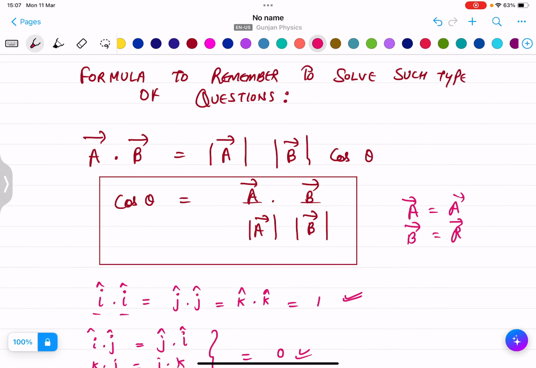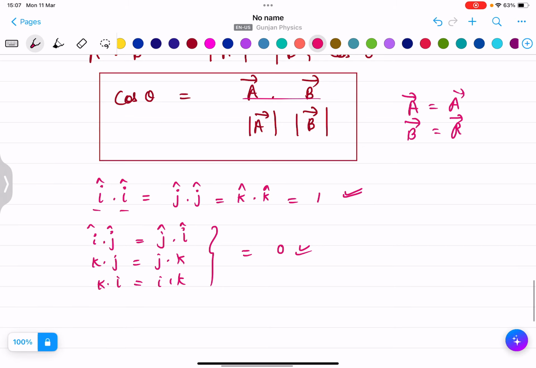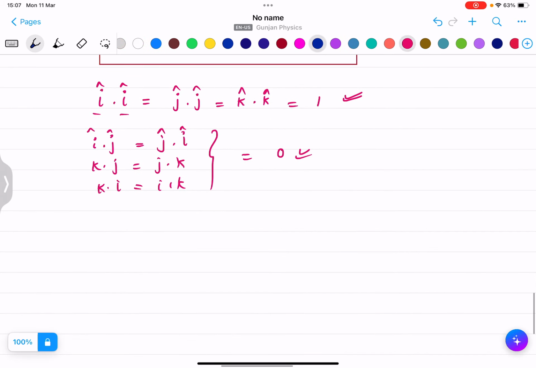Now we need to do the dot product and find cos theta. It's very simple. We know the R vector is minus 30.3i plus 37.5j, and the A vector is 20j.